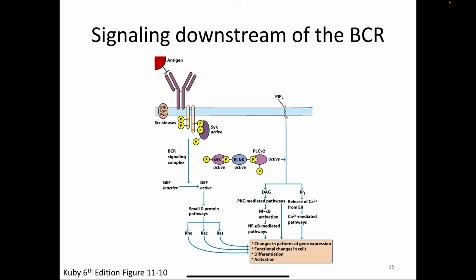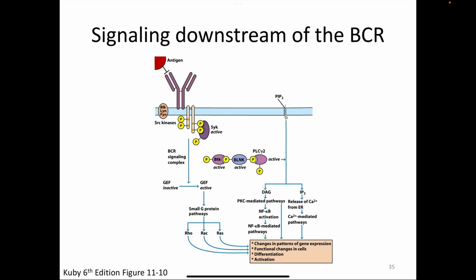We also might see some functional changes in the cell, like some cytoskeleton changes, or most importantly for us, the cell might start to divide. So we're going to have the cell potentially go to mitosis in some cases. We're also going to see the cell get some different functions, like that will happen with differentiation and activation. All of these are things that will happen to the B cell once it gets a signal through its B cell receptor.